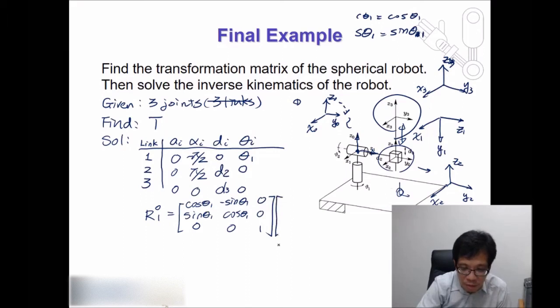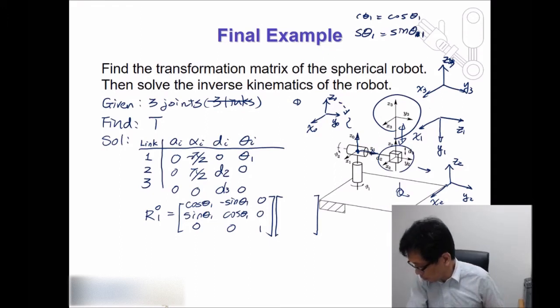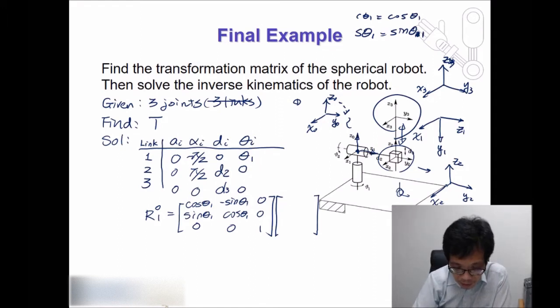For the transformation matrix of the whole thing, so over here we got x1, y1 is actually along y1, and y1 is along negative z-axis.